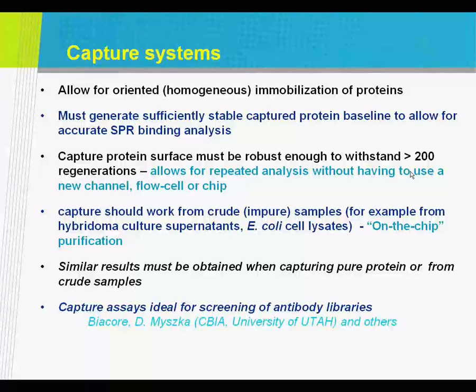The other aspect is, of course, that you mustn't inject samples that will fall off your surface. It's a bit of a trial and error type of thing. If your sample is too dirty, sometimes there could be an issue with respect to your capturing agent, but also the chip surface. I will talk about how we address that in our case.